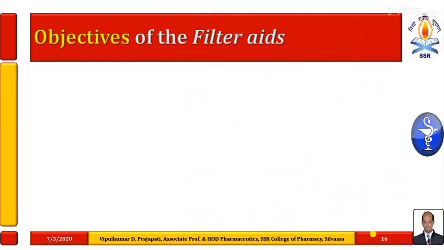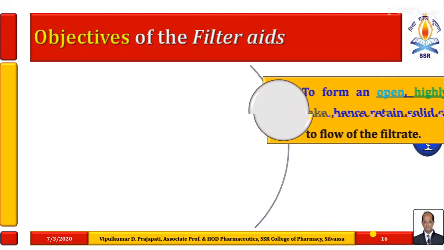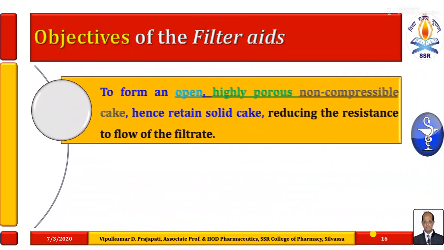What are the various objectives of the filter aids? The first one is to form an open, highly porous, non-compressible cake and hence retain solids, reducing the resistance to flow of the filtrate.